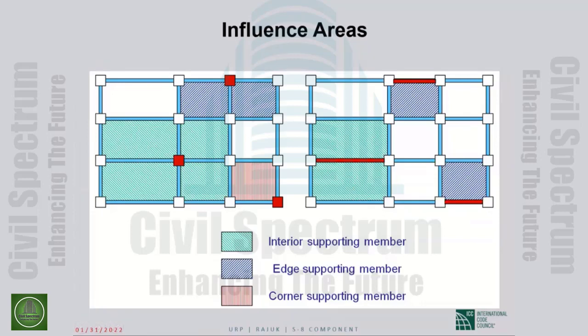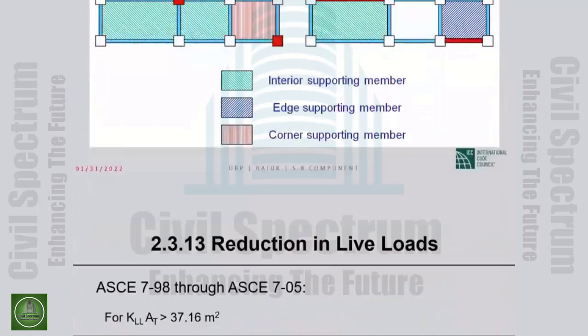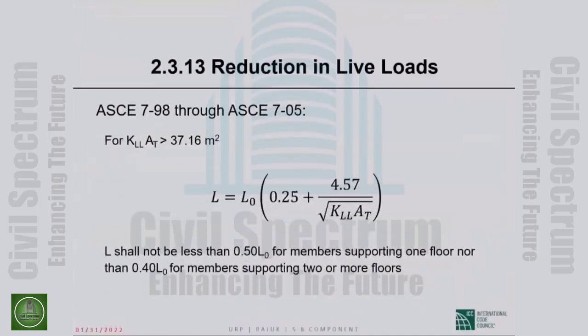ASCE 7-95 introduced the formula that I showed you and also included this picture in the commentary to explain what the influence area is. But there was quite a bit of confusion about what influence area is when there are overhangs. People didn't understand what the influence area is.